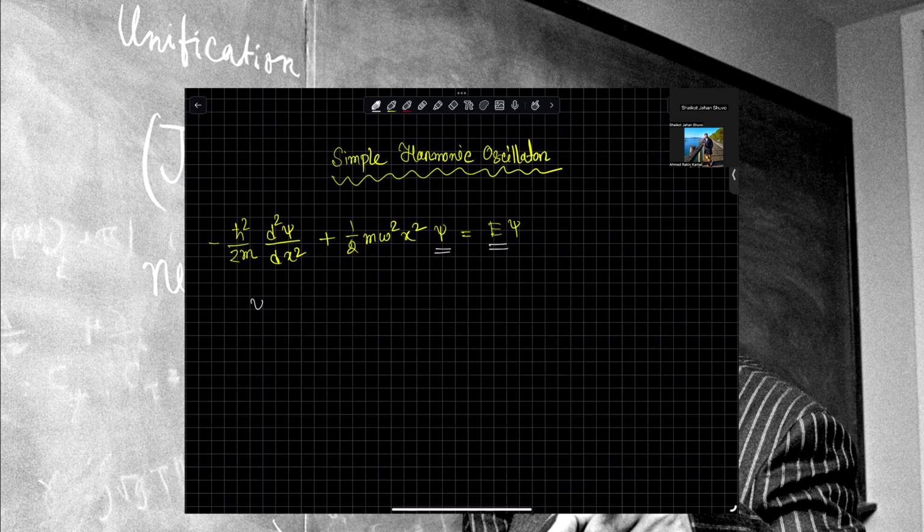So let me just give you the answer, and I'll put a small index in, and it will be apparent in a few moments why I'm doing this. So the wave function for this simple harmonic oscillator looks something like this, if I'm not making any mistake. By mistake, I mean some factors, numbers and stuff.